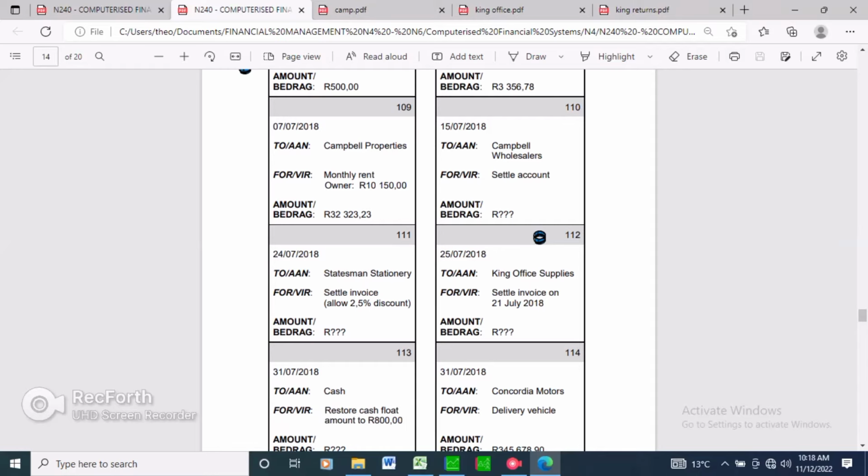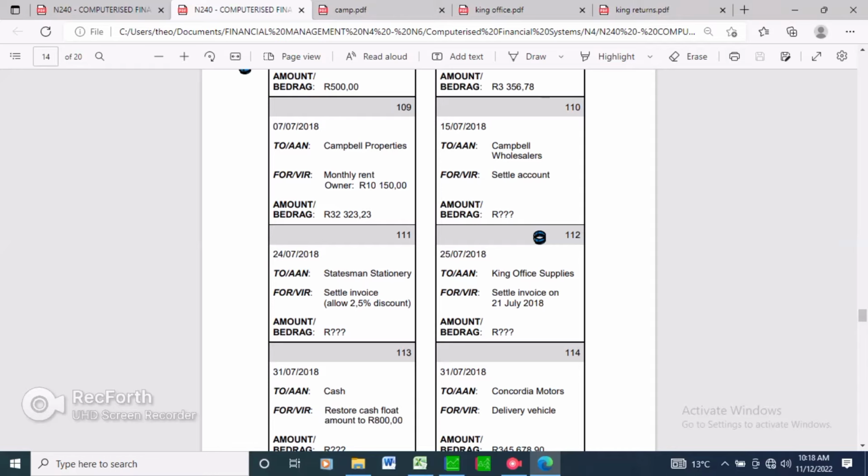We have two discounts: the trade discount and the early term discount. So never mind the trade discount, focus on your early term discount, but only if they qualify.